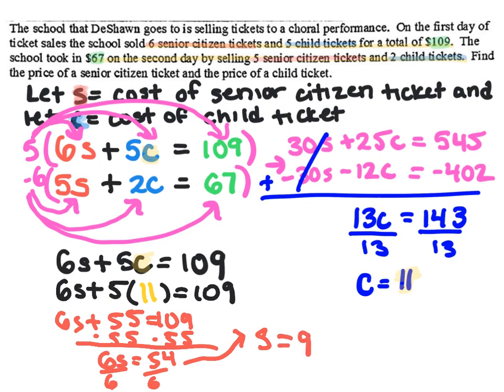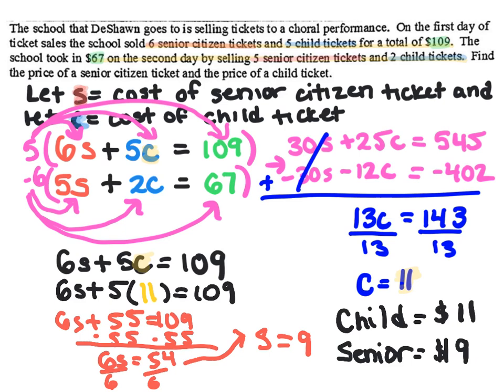So our final answer is that a child ticket equals $11 and a senior ticket equals $9.